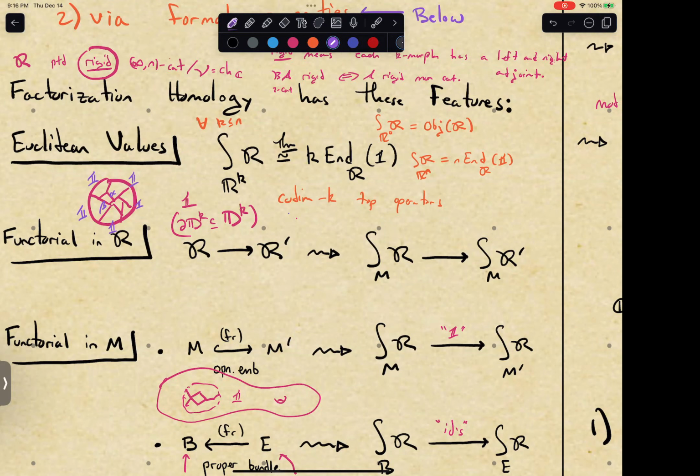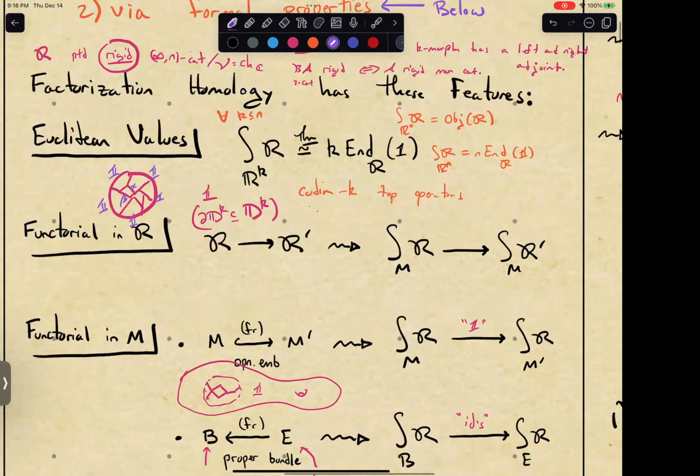Excuse me. Is this factorization homology for the Skein module related to the Khovanov homology? Yeah, I like that question also. I'm not the expert to talk with about that. I'll say briefly what I do know.